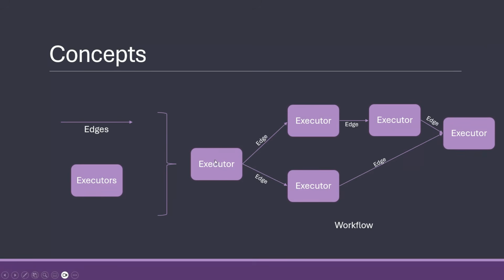The flow could be just from one box to another, or it could fan out and then aggregate, fan in. There are multiple different concepts in such workflows. If you know workflows in general, you know that there are a lot of different cases you can do. But what we are going to do is build the executors, and define the edges on how these executors should talk to each other.